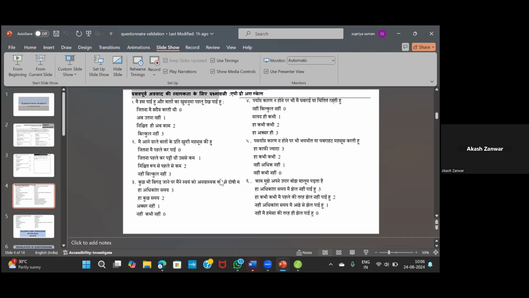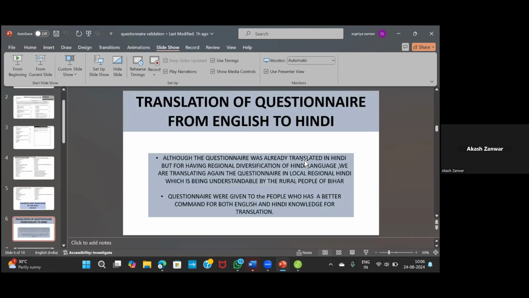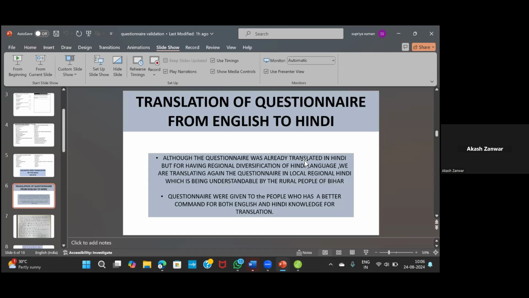These words and lines might not be understandable by the rural local people of Bihar. So for this problem, I have translated the questionnaire again into the local Hindi language, which should be understandable by the people.